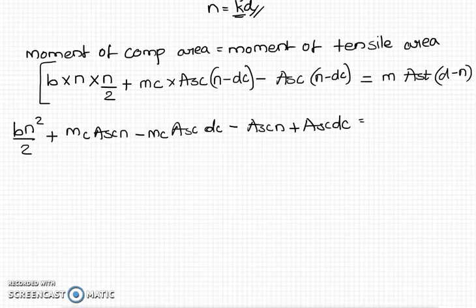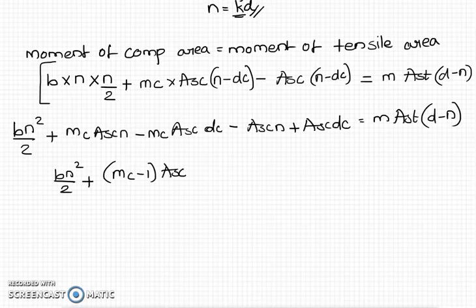I've just opened all the brackets here and simplified the equation. So if you rearrange this, we get Bn square by 2 plus (MC minus 1) into ASC into (N minus DC) equal to M times AST into (D minus N).